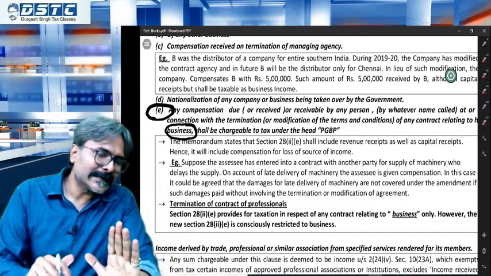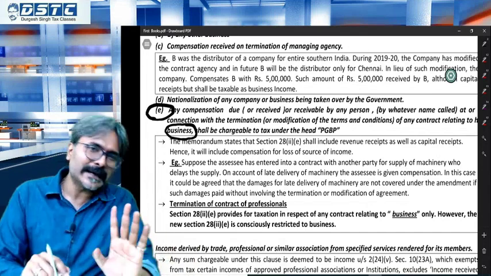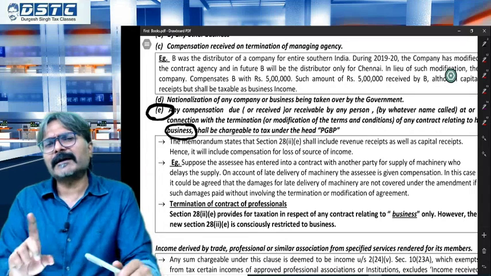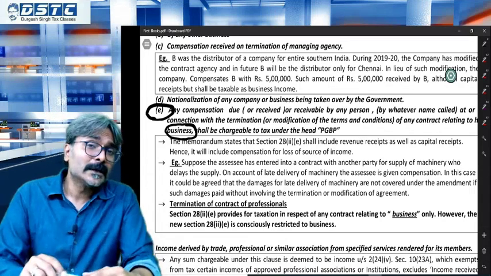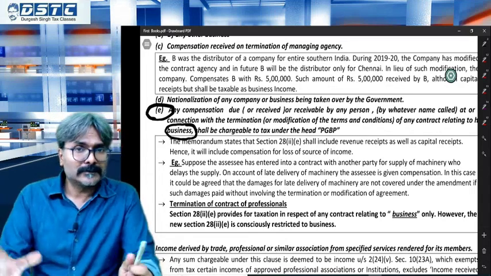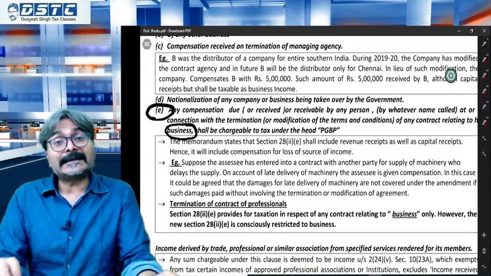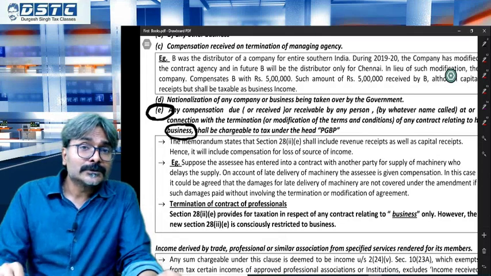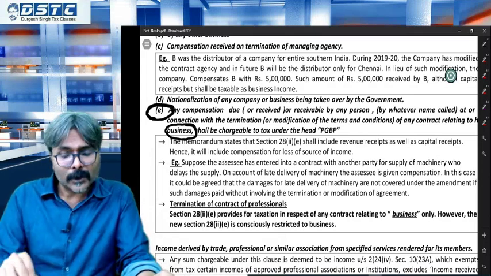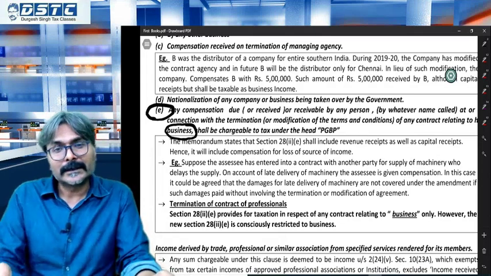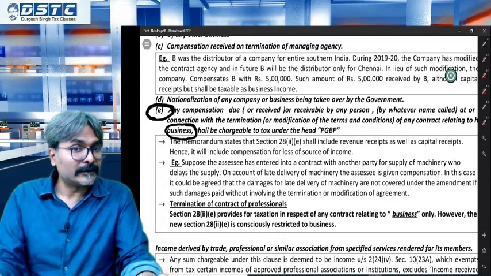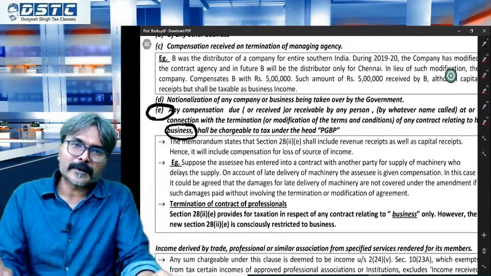I want to understand from you what is the logic behind this particular provision, why the government has introduced it. The government would have had their own thought before they taxed this particular amount. So my question to all of you is, what is that thought in the mind of the government to tax this particular amount?